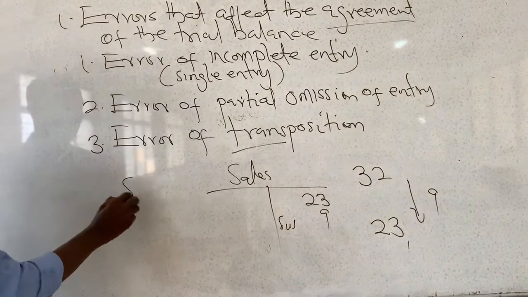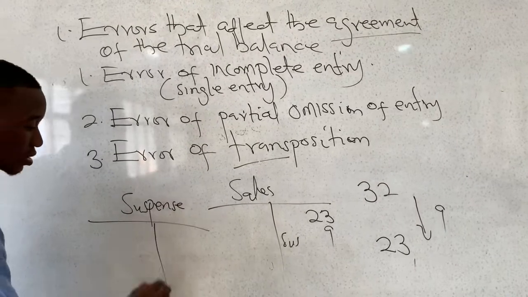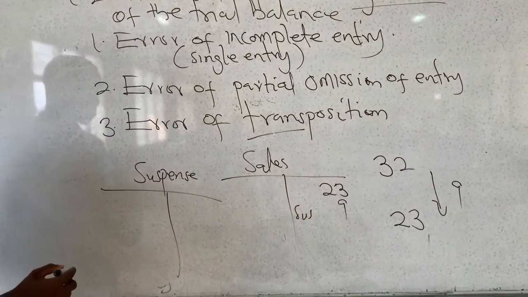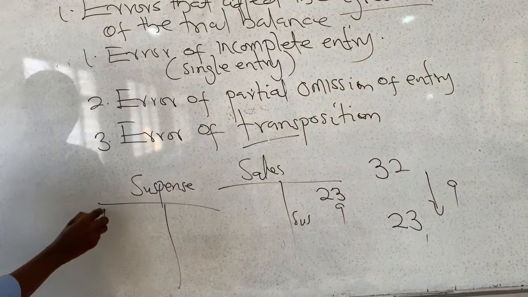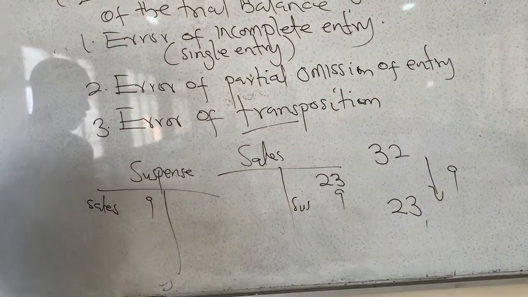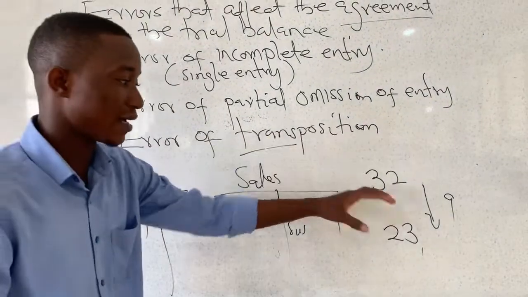Then we open our Suspense account. Suspense. And what we are going to do is that because it is at the credit side of sales account, we come and debit it in the name of sales. 9. Okay, that is a situation where a transposition leads to an understatement.